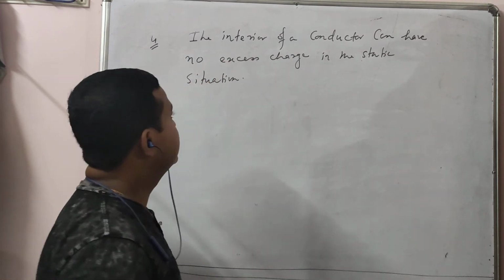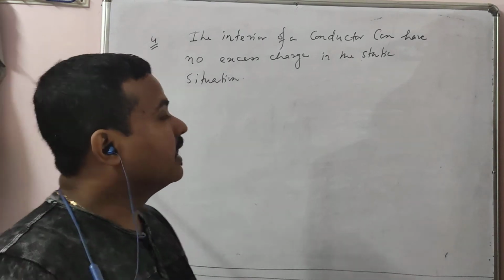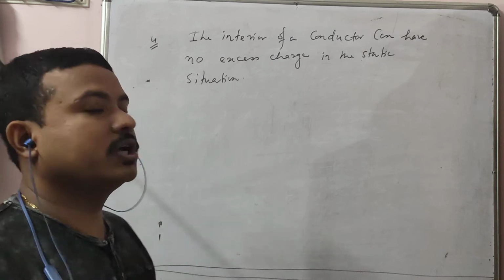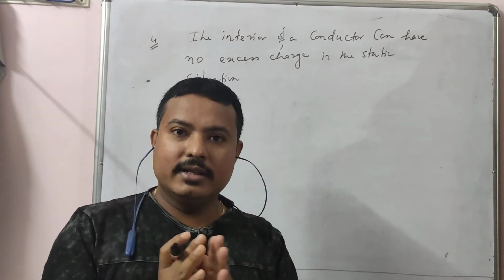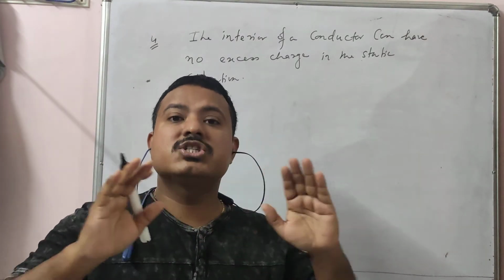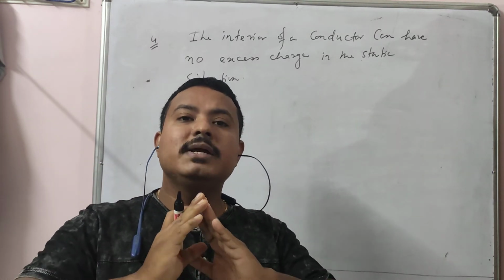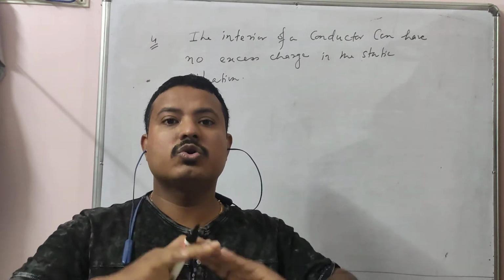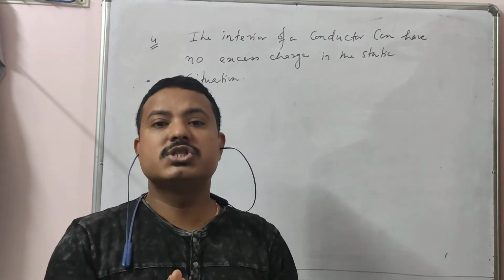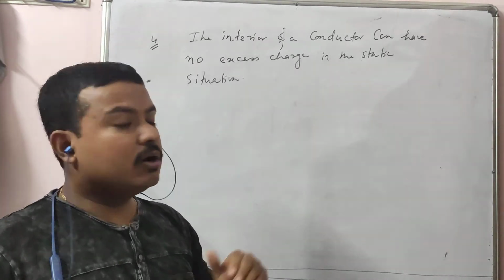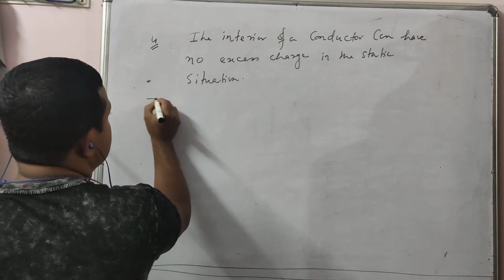Okay, the fourth property is the interior of a conductor can have no excess charge in the static situation. Means when the conductor is in a static situation, means electrostatics, then there should not be any excess charge. Means total charge must be 0 inside the conductor. Now let me prove this statement.